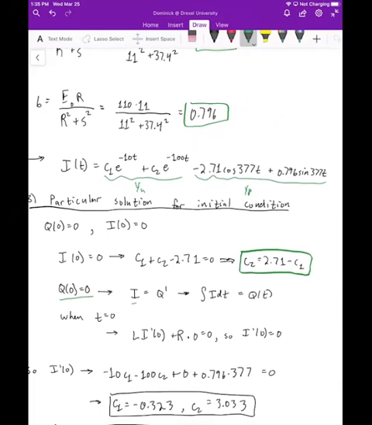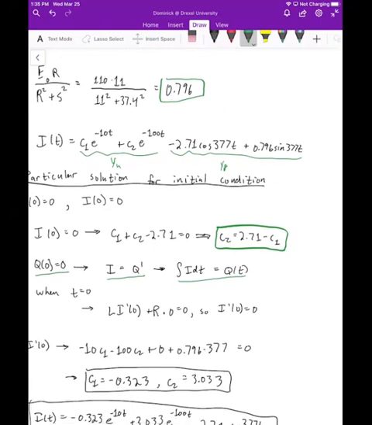But here we're going to use the fact that I is equal to Q prime. So this means that the integral of I with respect to t is equal to Q, right? So when t is equal to 0, we get that L times I prime of 0 plus R times 0 is 0, which allows us to conclude that I prime of 0 is 0.